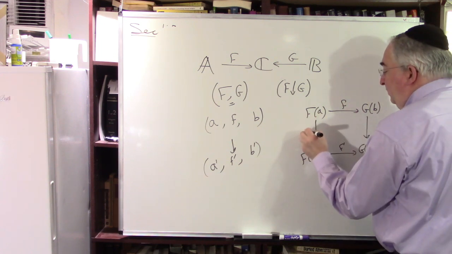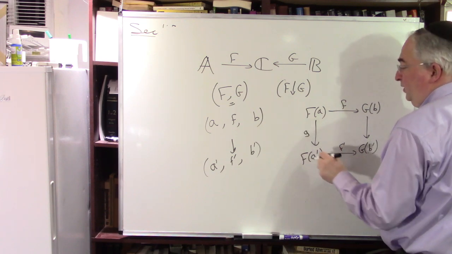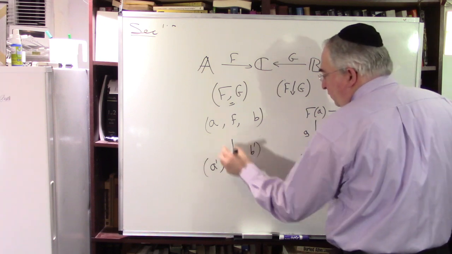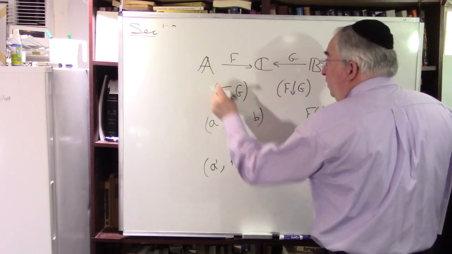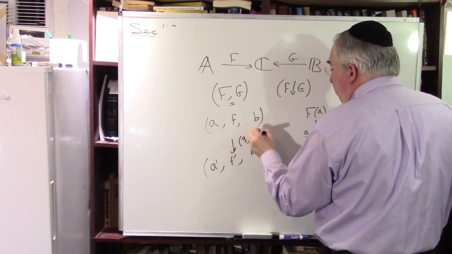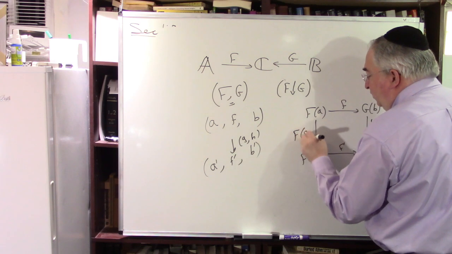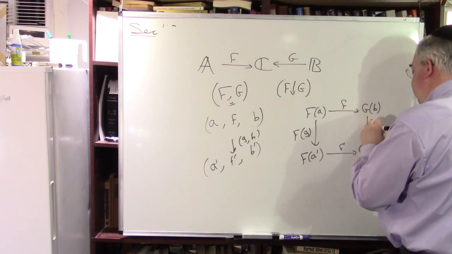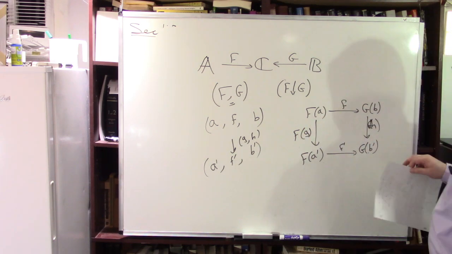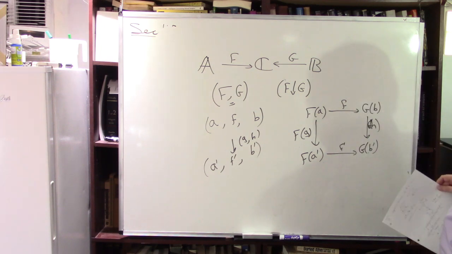What's the map? It's going to be a G where this is in A, and an H where this is in here. So this is going to be F of G, G of H, such that this commutes.